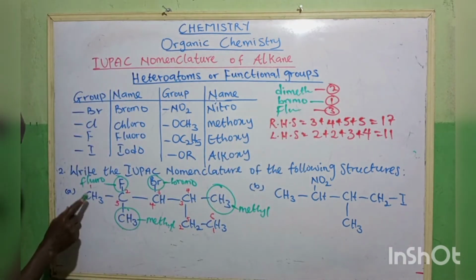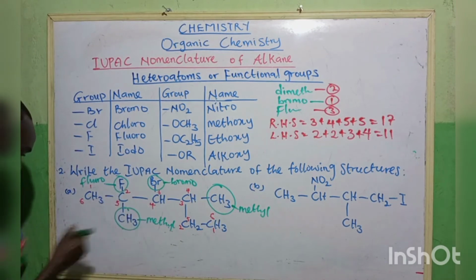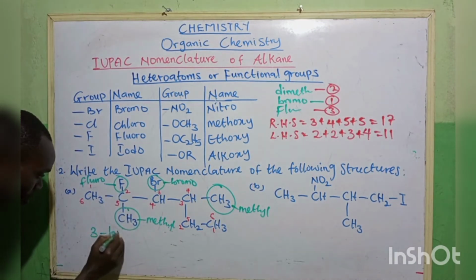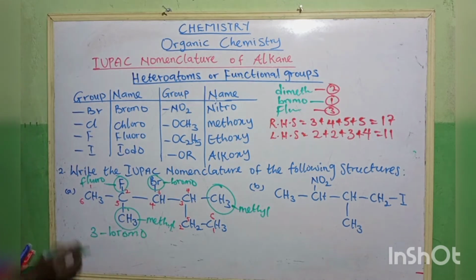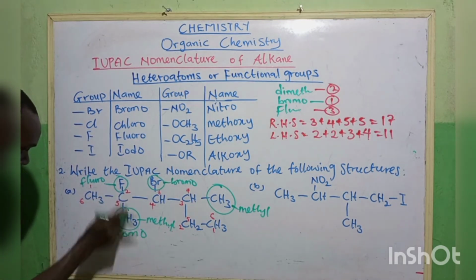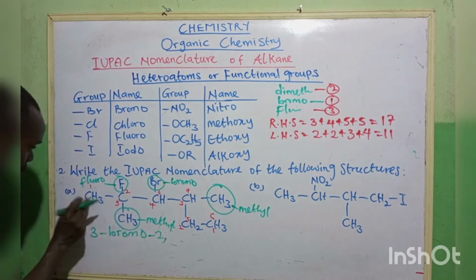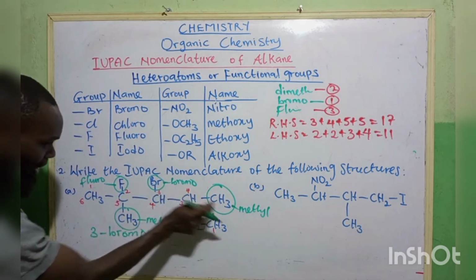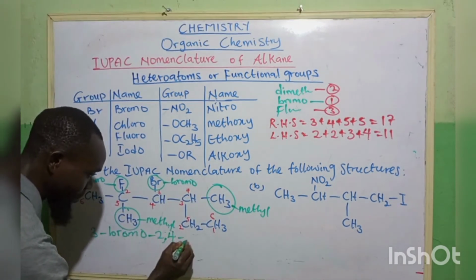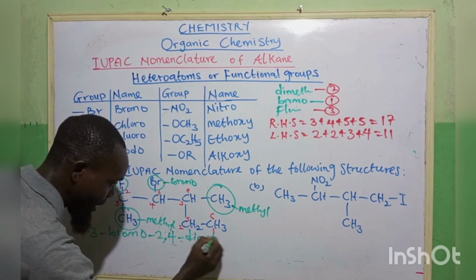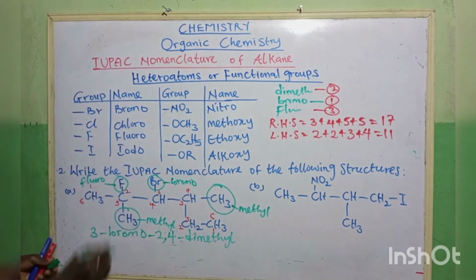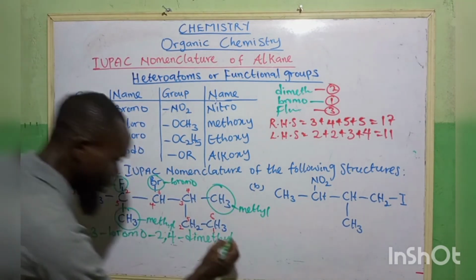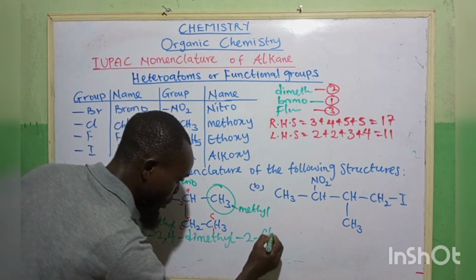Now let's start. 1, 2, 3. 3 bromo. Then the methyl. 1, 2. 1 is on the second carbon. 2, 1, 2, 3, 4. Another one, the fourth carbon. 2, 4 dimethyl. Now it remains fluorine. 1, 2. 2 fluoro.